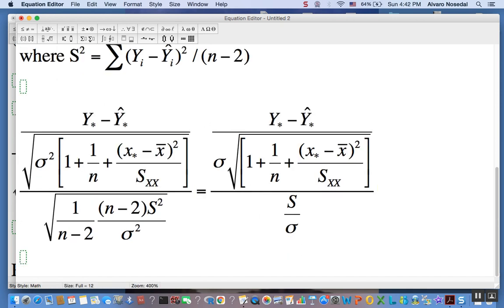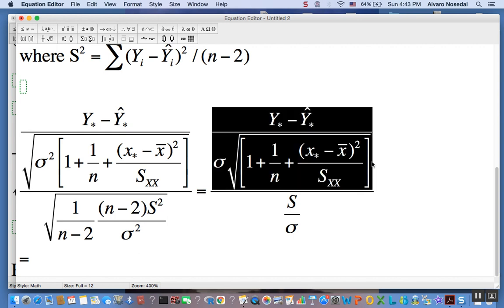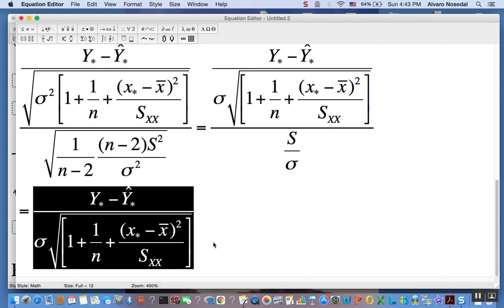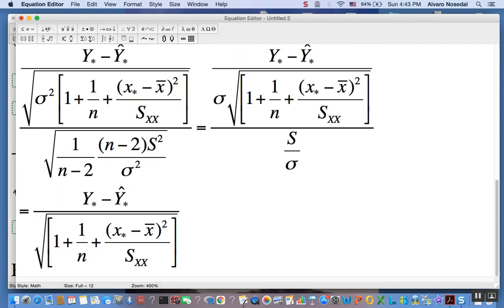Make sense? One more step and we're there. These sigmas will cancel out, and then we will have just y star minus y hat star divided by s times the square root of 1 plus 1 over n plus x star minus x bar squared divided by sxx. I'm just going to copy and paste the numerator, because that's what we are going to have in the end.